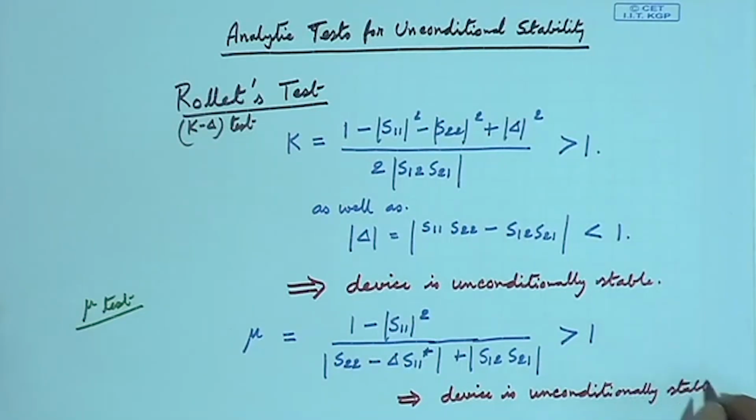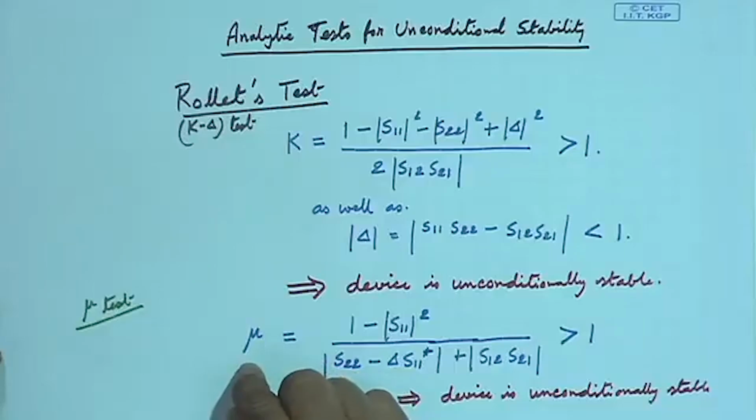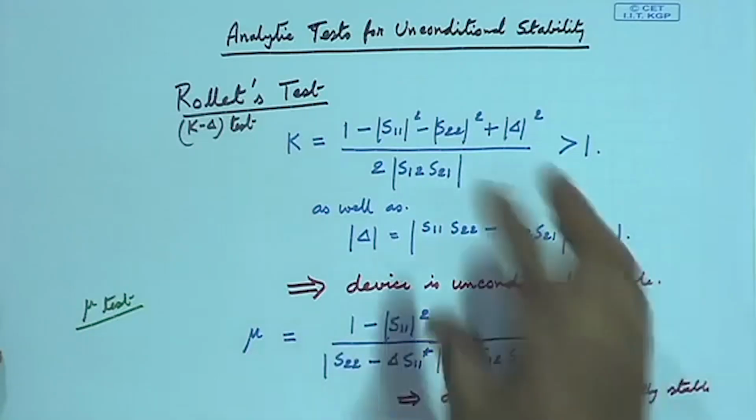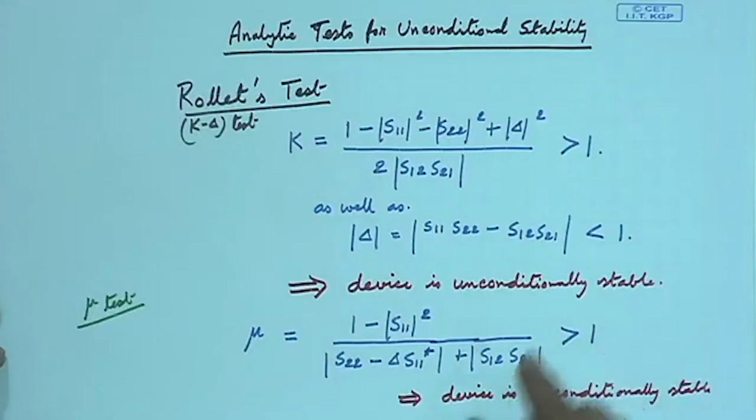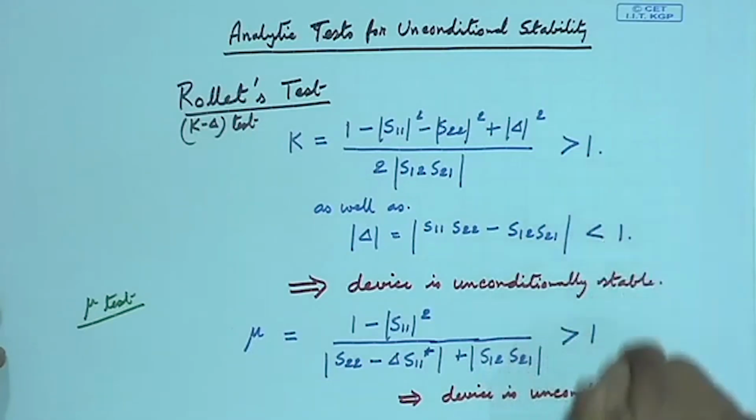Any one of these tests you can do; basically, from these equations, after manipulation, you can have this mu parameter. So, this is nothing new, but people have made it more convenient. If it fails any of these tests, then you need to draw the stability circles.